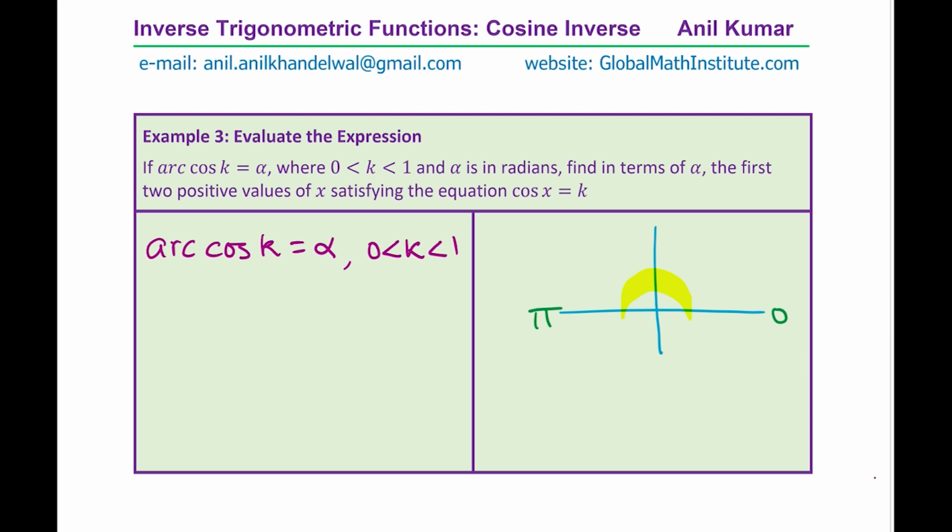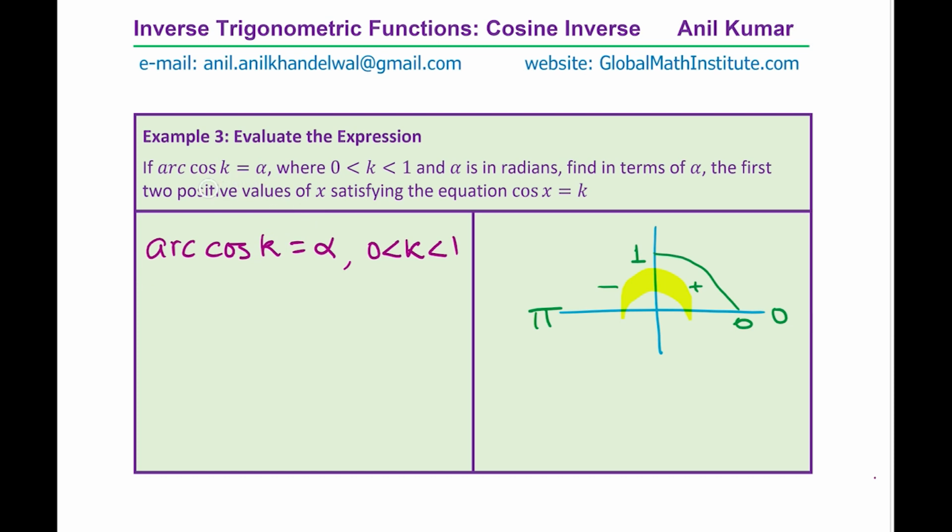Now, cos is positive in quadrant 1, but negative in quadrant 2. Since k is always positive, we're looking at quadrant 1, in which the graph of the cosine function is like this. So it goes from 1 to 0, it is decreasing, as shown here, right? Okay.